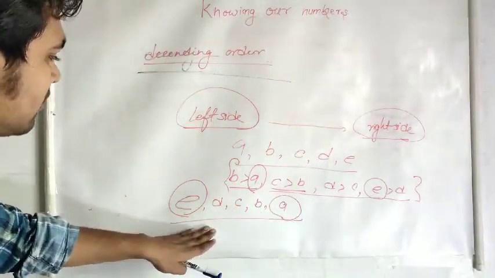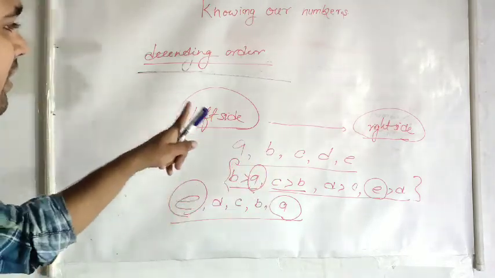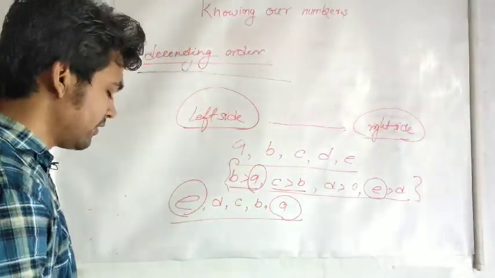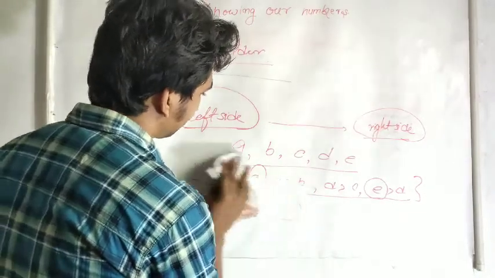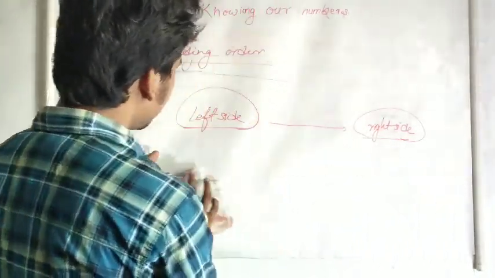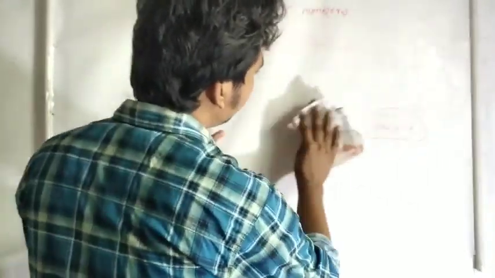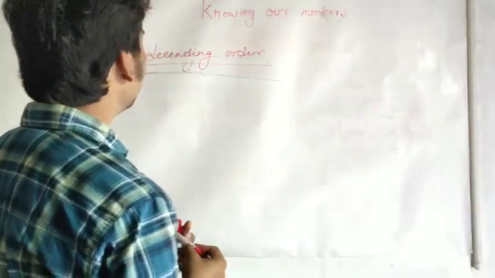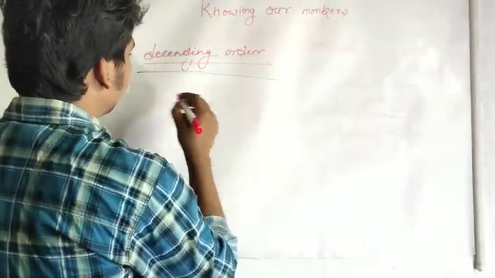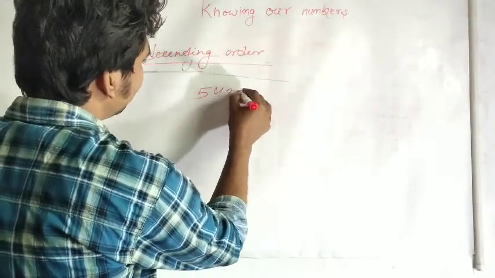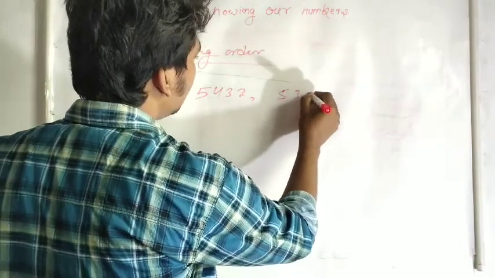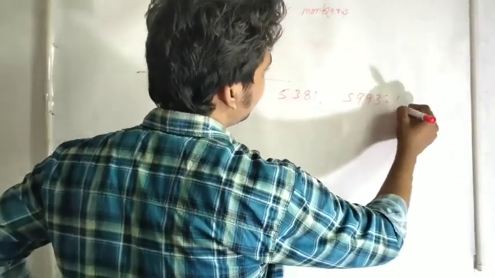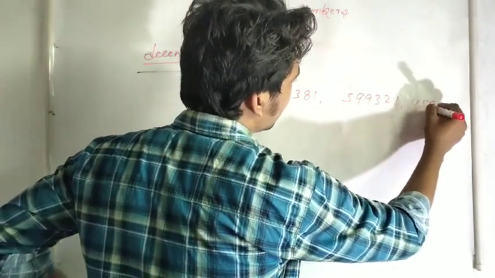If you don't understand this example, then we will take an example with digits and numbers, then you may easily be able to understand. So friends, here we will take an example and then we will discuss it. Here we take 5432, 5381, 599321 and 4581.